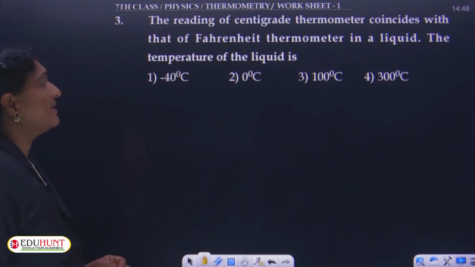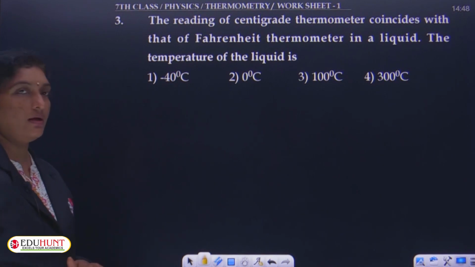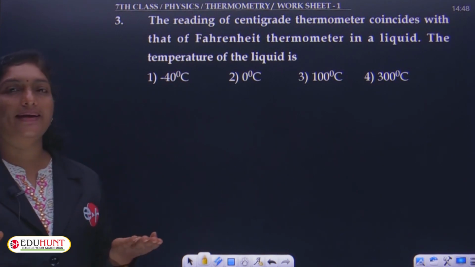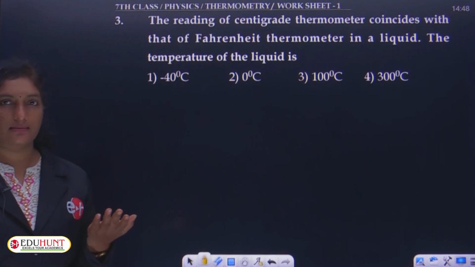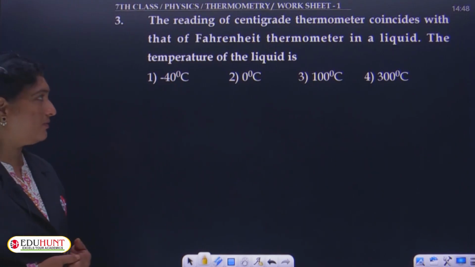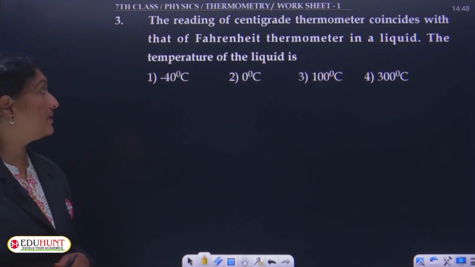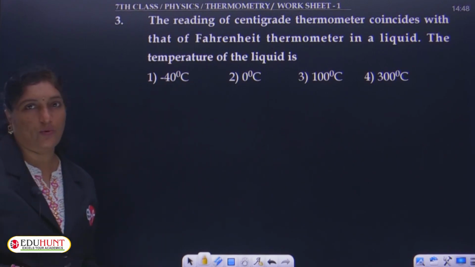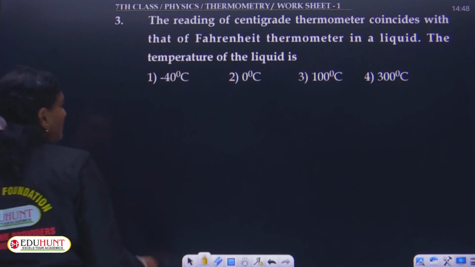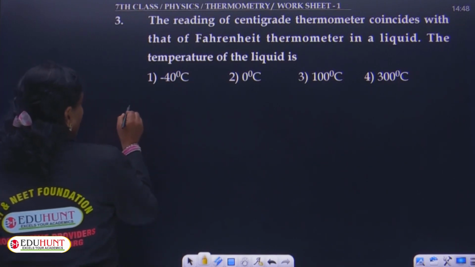The reading of a centigrade thermometer coincides with that of a Fahrenheit thermometer in a liquid. So, the readings on the Fahrenheit as well as the Celsius scale are equal. If one shows an x reading, the other must also show an x reading. So, for the temperature of the liquid, the same formula we will be using, children. What is the formula?